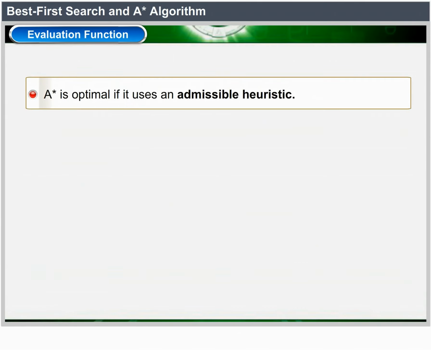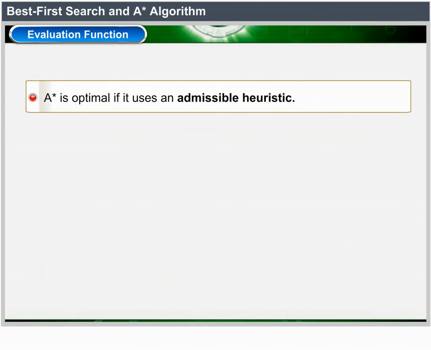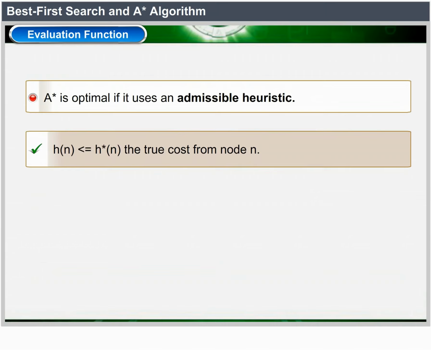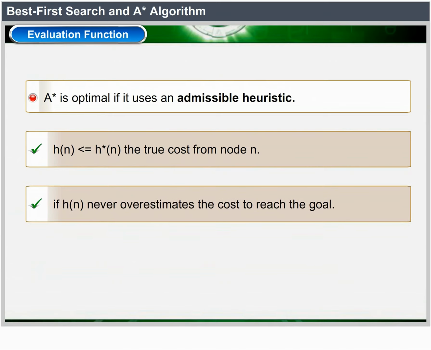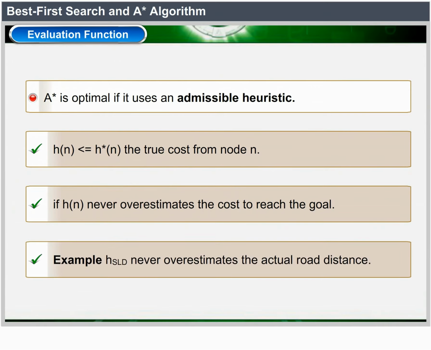A star is optimal if it uses an admissible heuristic: h(n) is less than or equal to h*(n), the true cost from node n. That is, h(n) never overestimates the cost to reach the goal. Example: the heuristic straight line distance never overestimates the actual road distance.